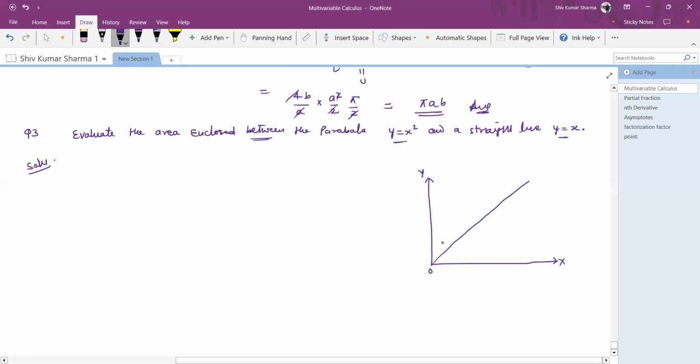The parabola y square equal to 4x is drawn along the x-axis, but here x square equal to 4ay, which means the parabola is along the y-axis.